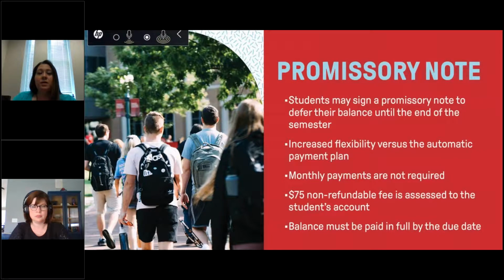It must be signed by the student, unlike the monthly payment plan, which a parent or guardian could sign up for and enroll in. What this does is defer the entire balance for that semester till the end of the semester. The fee is $75 to sign a promissory note, but like I said, this does offer a little bit more flexibility in payments.